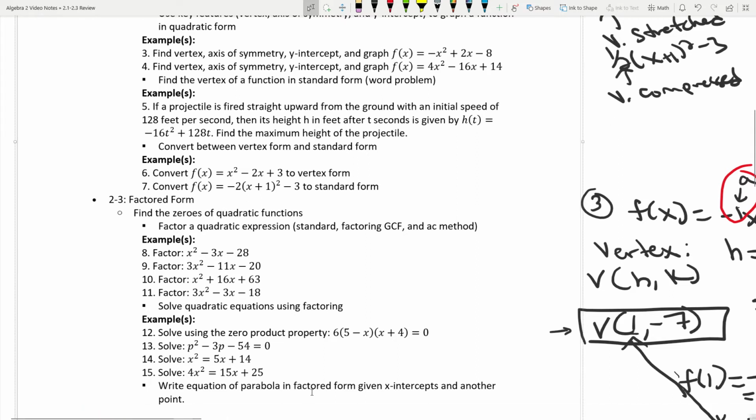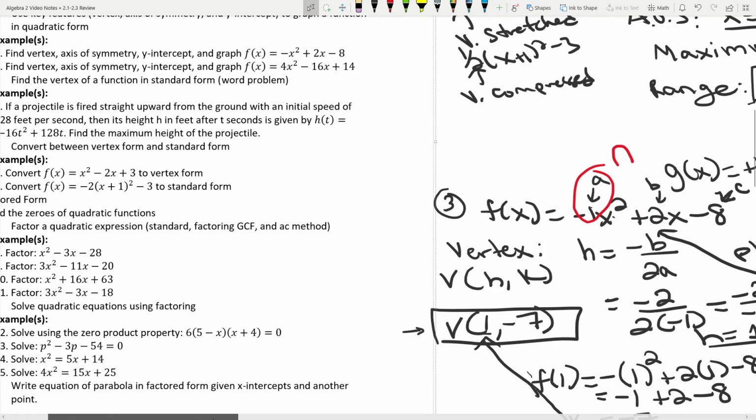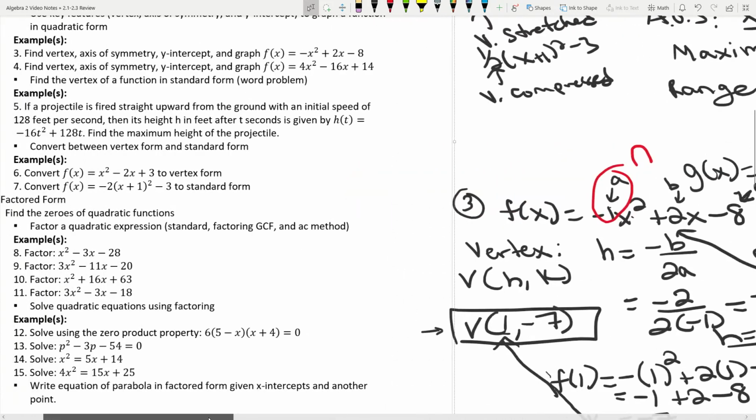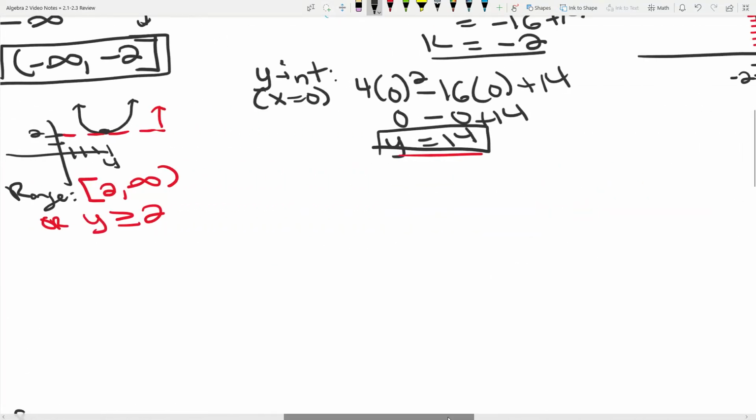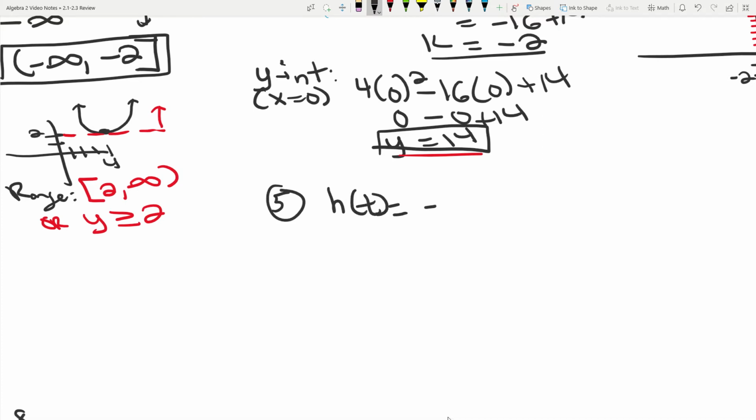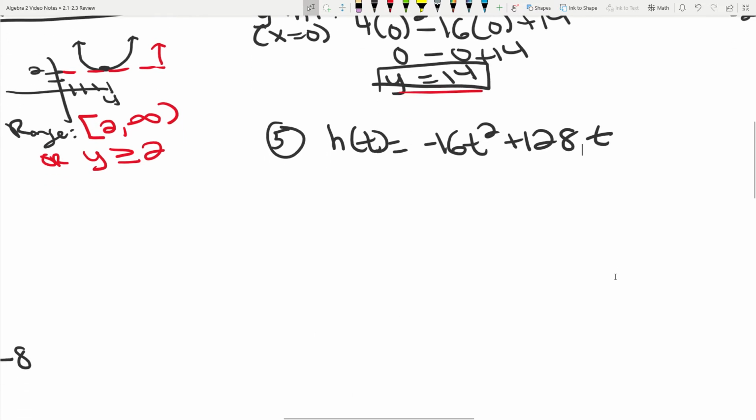So h of t equals negative 16t squared plus 128t. So let me write that out. Negative 16t squared plus 128t. Okay, so first off, notice that the a here is negative, right?